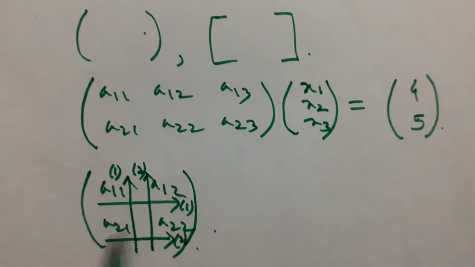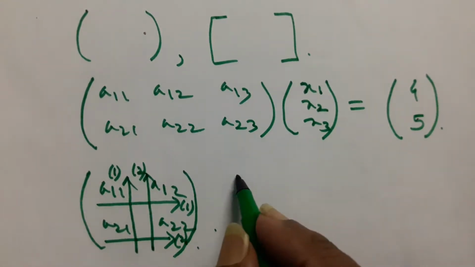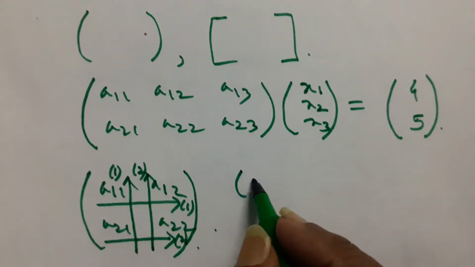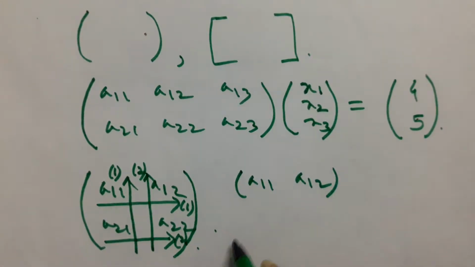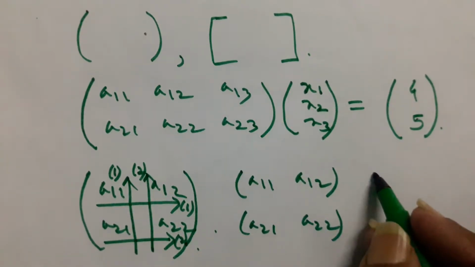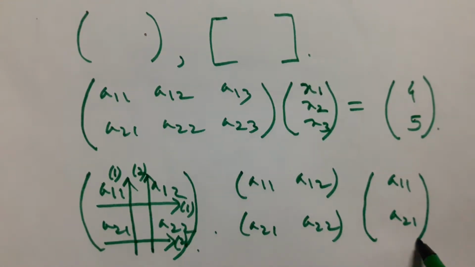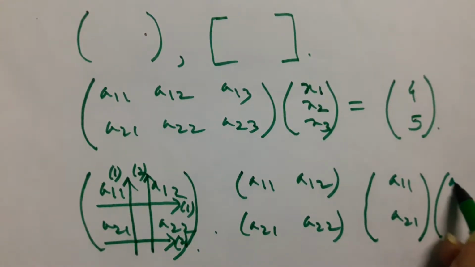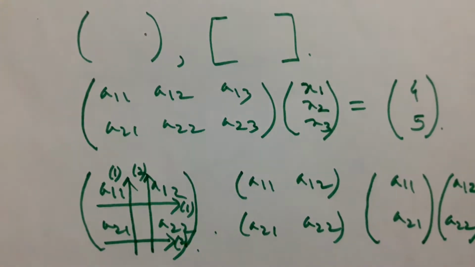So if we take the elements horizontally, they are called rows, and vertically they are called columns. Here a11 a12 is a row, and a21 a22 is also a row, and a11 a21 is a column, and a12 a22 is also a column.